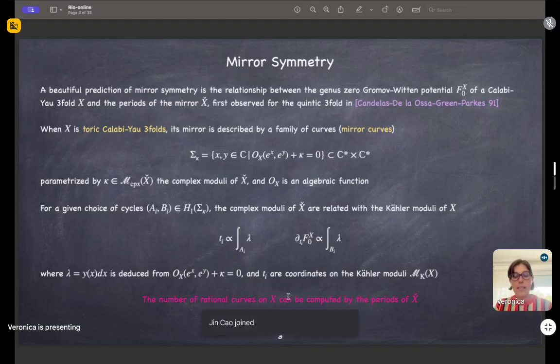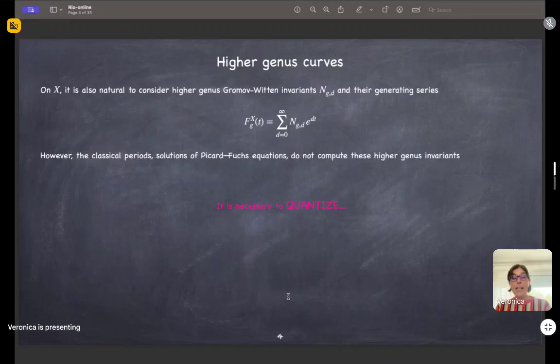But now the natural question is what happens if, instead of looking just at genus zero curves, we look at higher genus curves. In fact, higher genus Gromov-Witten invariants are naturally well defined on any toric threefold. But what is interesting is to understand whether we can find the analog of the Picard-Fuchs equation that allows us to compute these, which is related in some way to the generating function of these invariants.